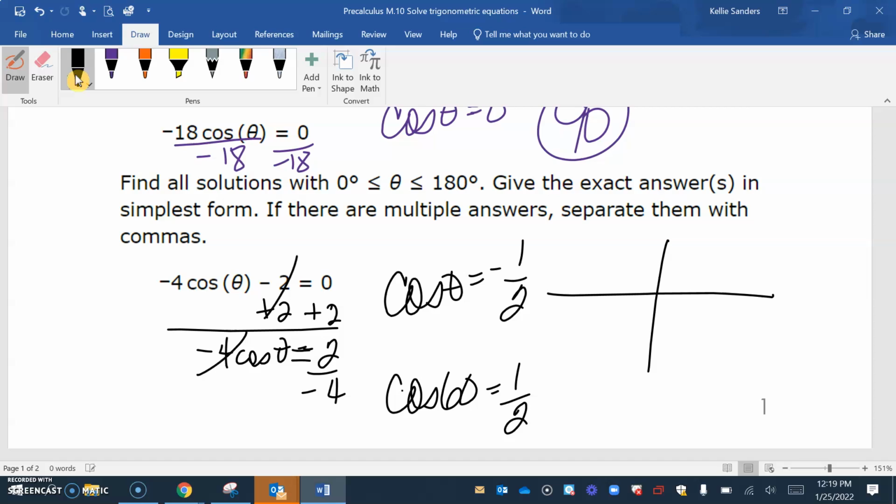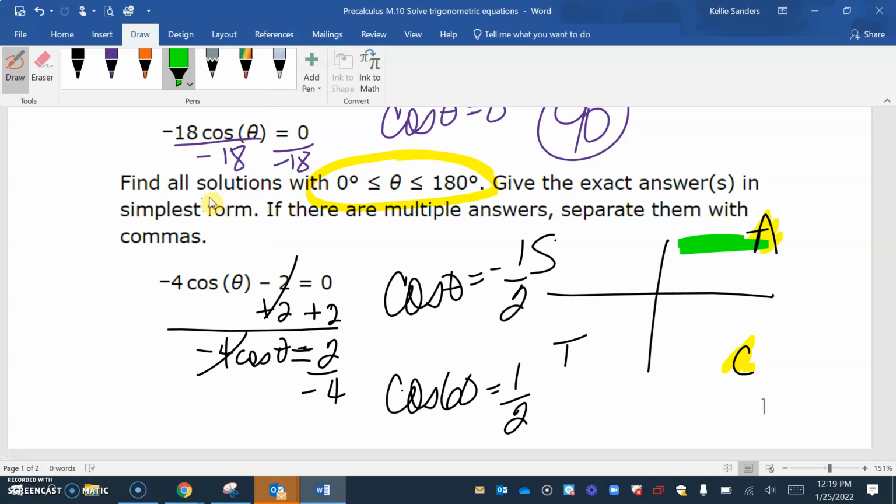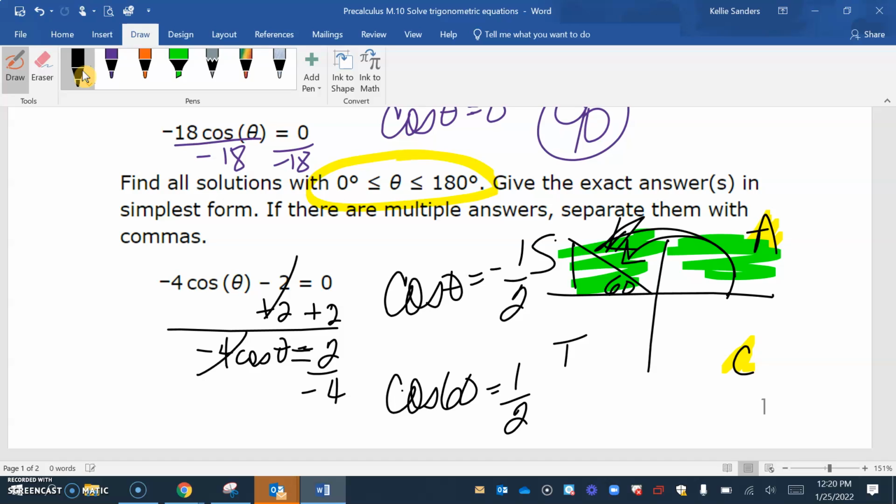So since we're at -1/2, remember all students take classes, and cosine is positive in the first and the fourth. That's why they give us this domain for cosine, because cosine is negative in the second quadrant. So since it's -1/2, that's going to be 60 right there, which makes this angle, to get the reference angle of 60, 120.